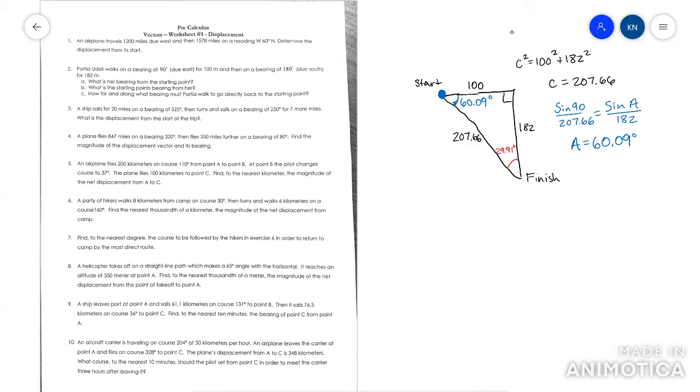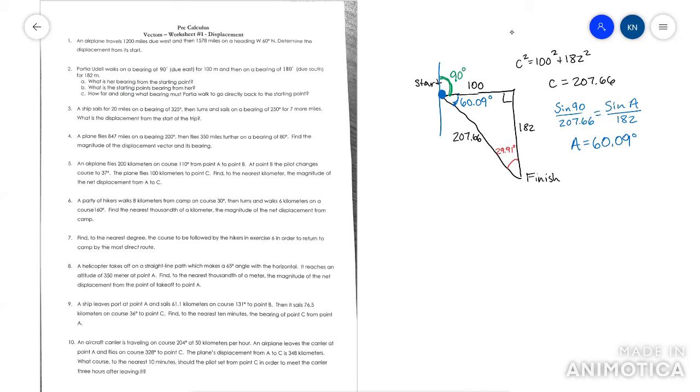In terms of her bearing from the starting point, you have to imagine it like northeast, southwest. You're going to have to do this entire rotation. So this is where vectors kind of start getting tricky. You know this amount right here is 90 degrees.